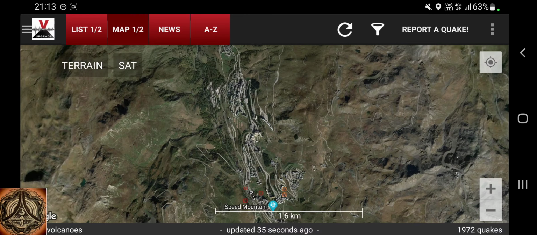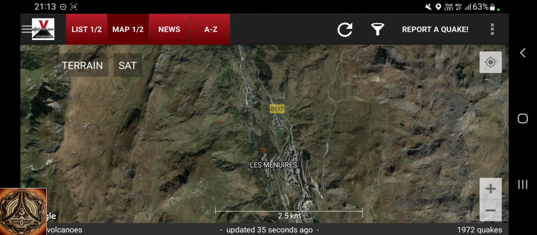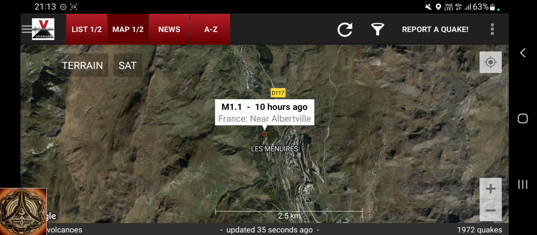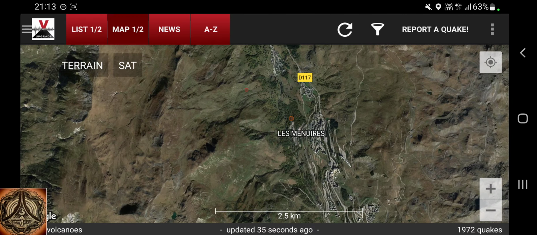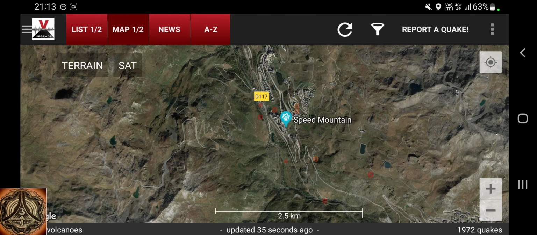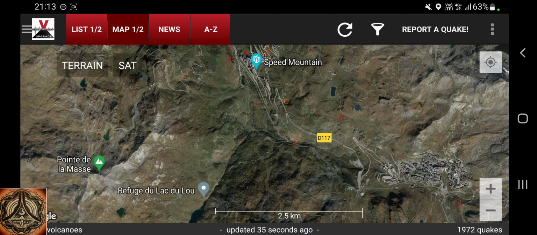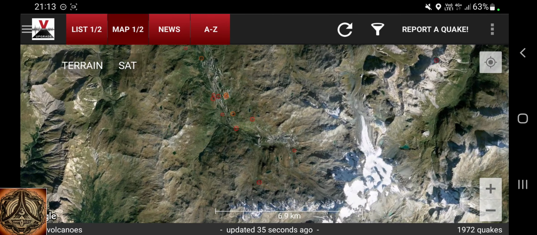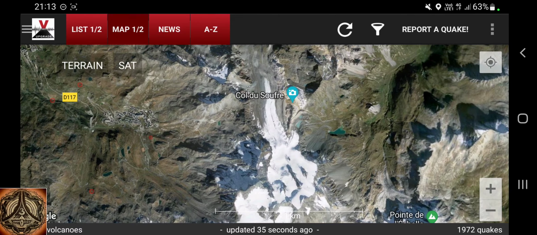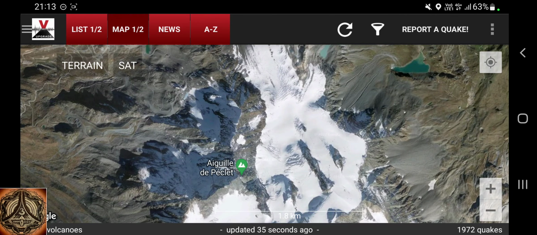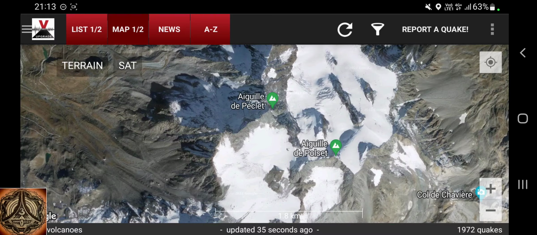Any other orange quakes? No. But more quakes. So there is housing, there is lakes. Here are bugs, obviously you hear them buzzing around. And not too far away, we have a glacier. How funny.